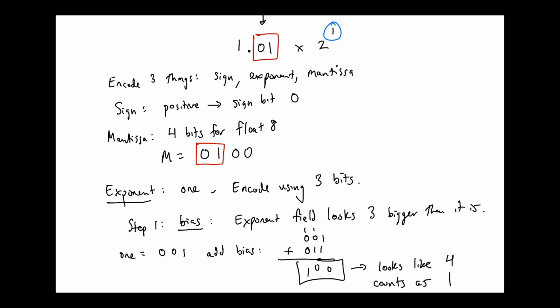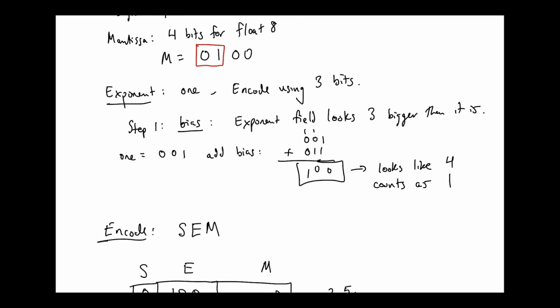If I wanted to encode the number 1 on a computer or in binary, I would write it like so. That's the actual numerical value of the exponent, but that's not what I put in the exponent field. The exponent field looks 3 bigger than it is, and that 3 bigger is called the bias.